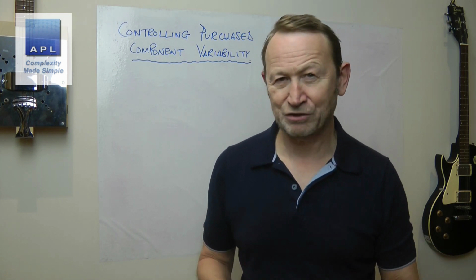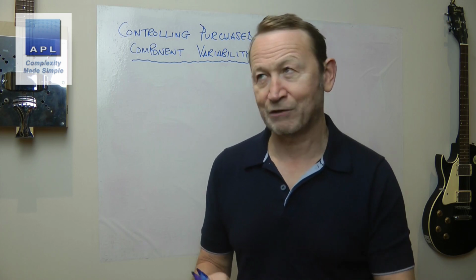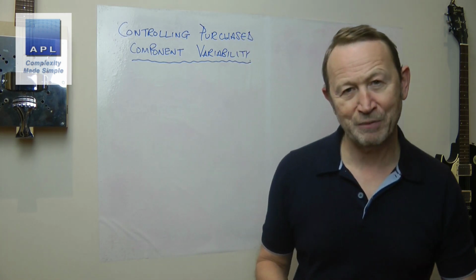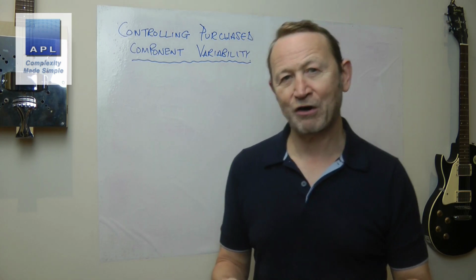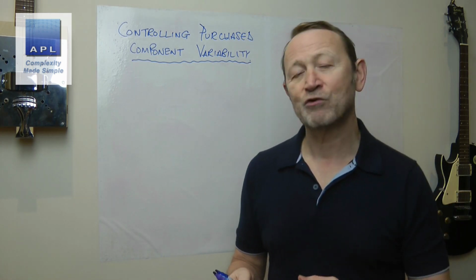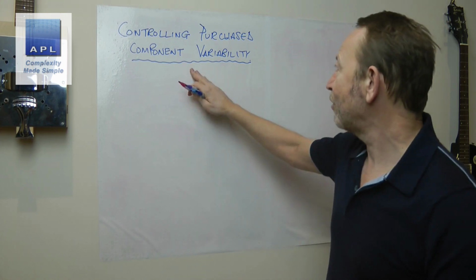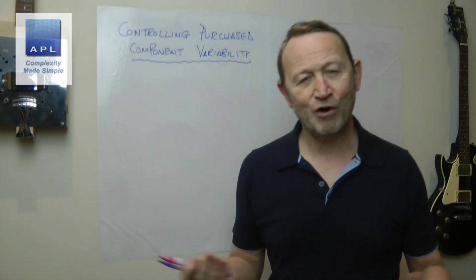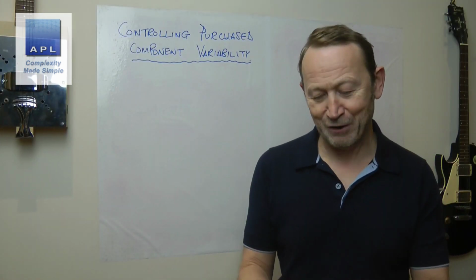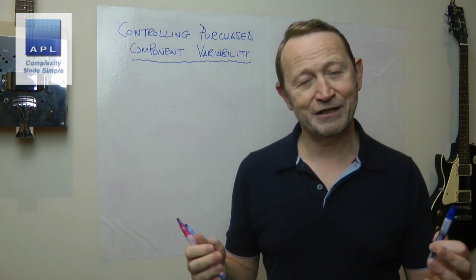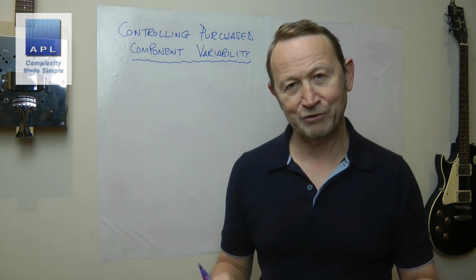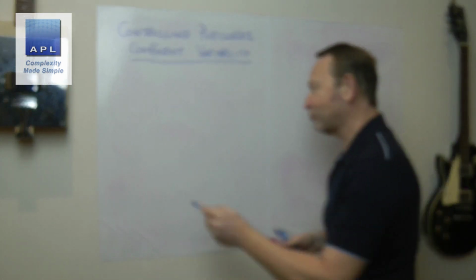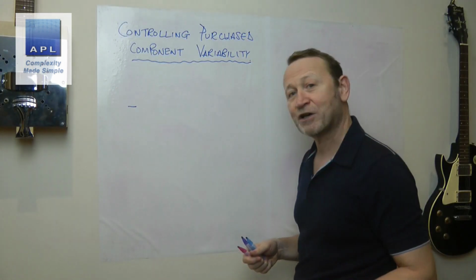It's very difficult to remove and replace surface mount components without messing the whole board up, so it becomes a complicated, expensive repair potentially. Controlling purchased components: I've already given the person a reply on one of my YouTube videos, and it's pretty straightforward. Here's what I said.